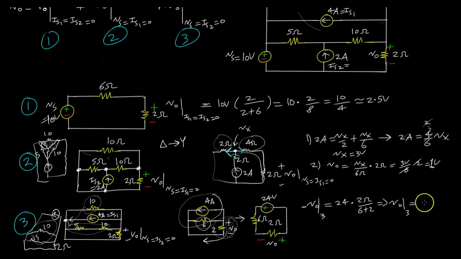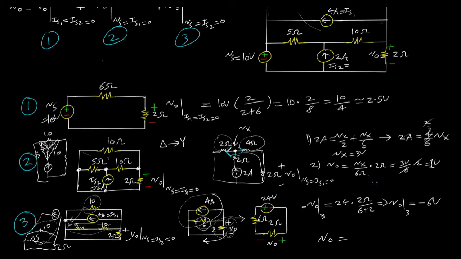So V out under condition 3 is going to be 2 over 8, which is 1/4 times 24, but it's going to be negative. So negative, what is that, 1/4 times that, that's going to be 6, right? So negative 6 volts. And to summarize everything, V out is going to be the sum of all 3 conditions. So it's going to be 2.5 plus 1, which is 3.5, minus 6.